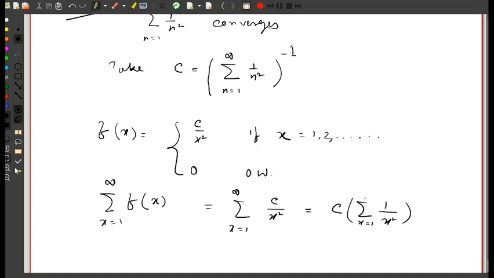Now what is c? c is exactly the reciprocal of this summation. So that means this quantity is 1.